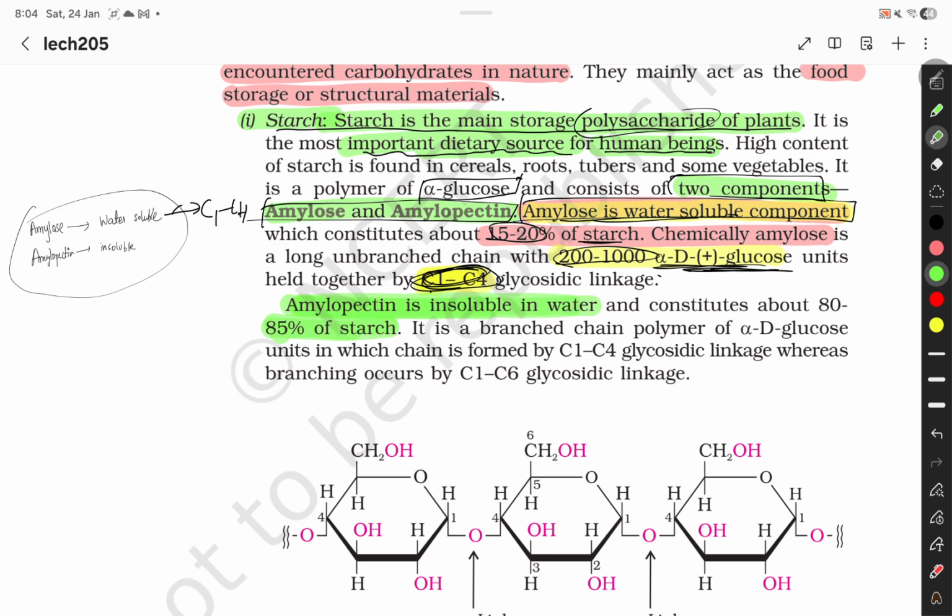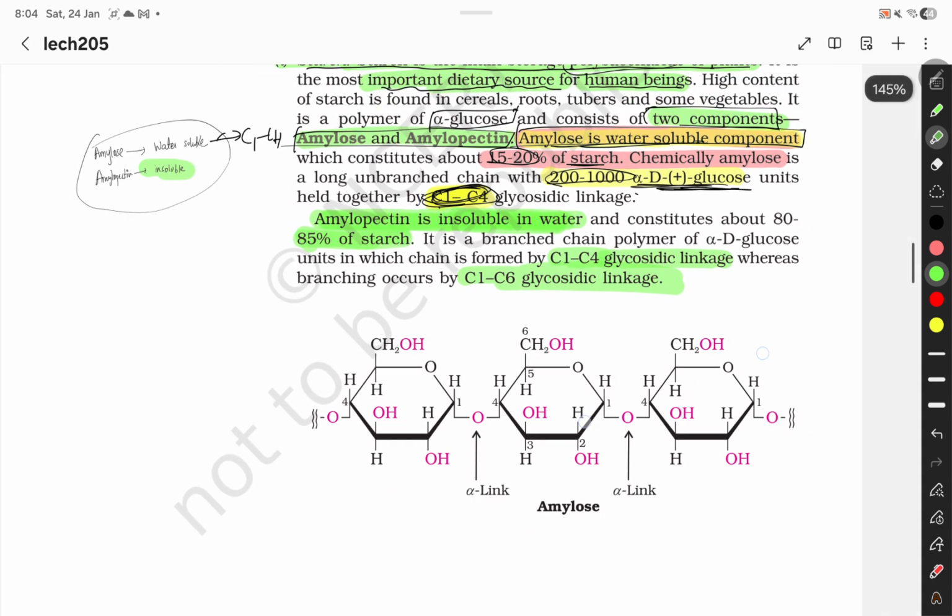The remaining 85% is amylopectin. Amylopectin is insoluble in water. C1 C4 is the glycosidic linkage, and C1 C6 is the branching linkage.